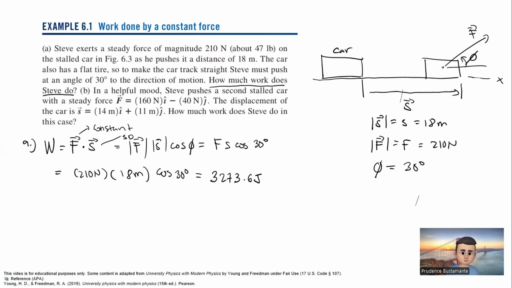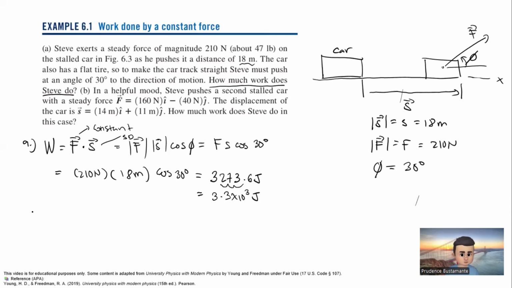Since our given is two significant figures, our final answer must be in two significant figures. 3.3, okay, 1, 2, 3 times 10 to the 3 joules. Okay. So 3 times 10 to the 3 joules. So that's why it was run. That's the reason why the book has those values instead of writing this one.